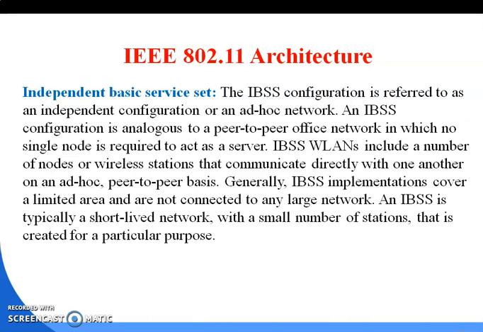IBSS wireless LANs include a number of nodes or wireless stations that communicate directly with one another on an ad hoc, peer-to-peer basis. Generally, IBSS implementations cover a limited area and are not connected to any larger network. An IBSS is typically a short-lived network with a small number of stations that is created for a particular purpose.